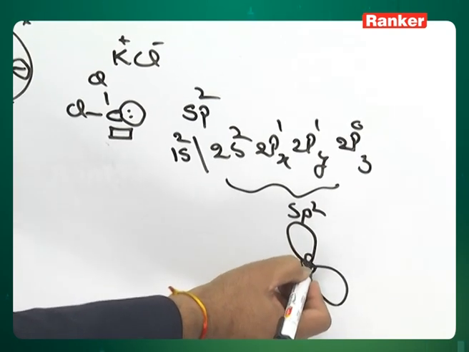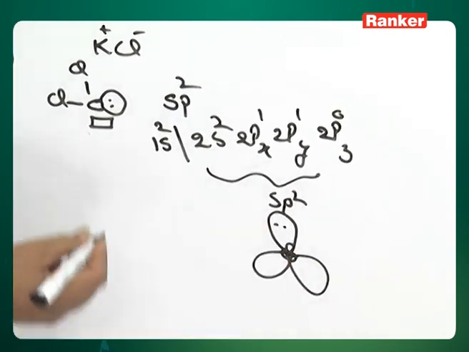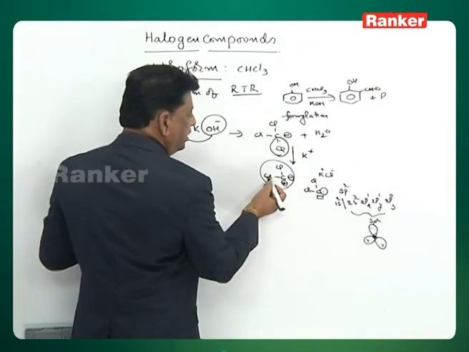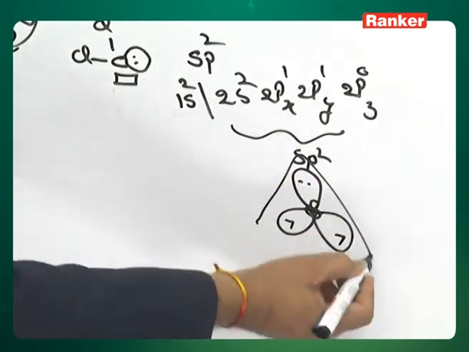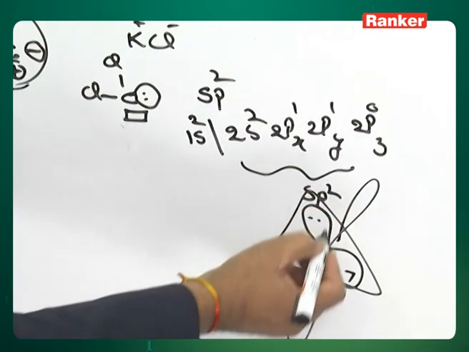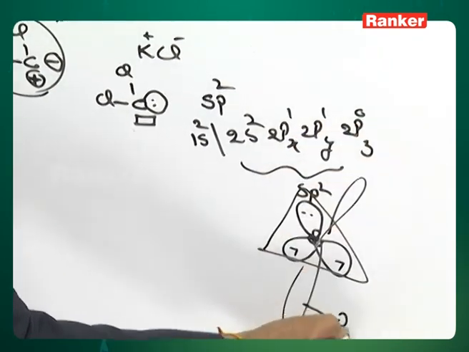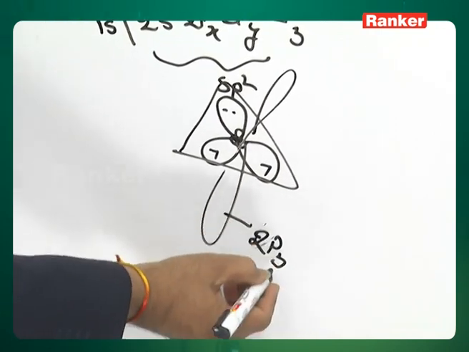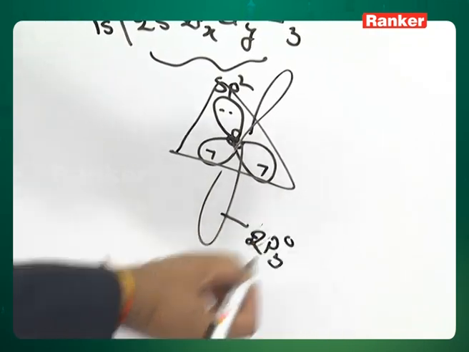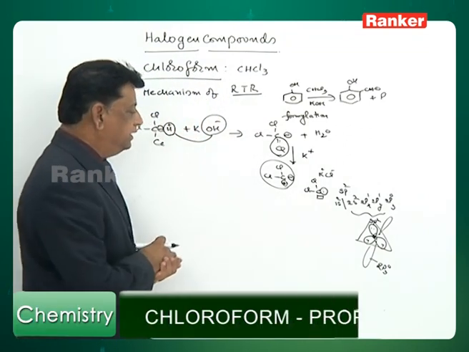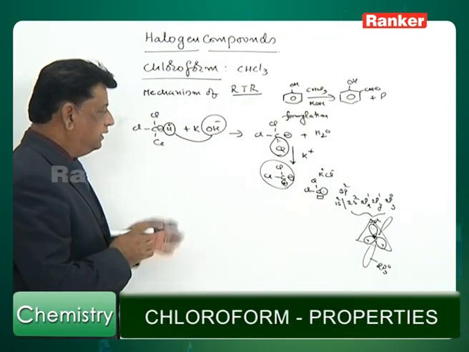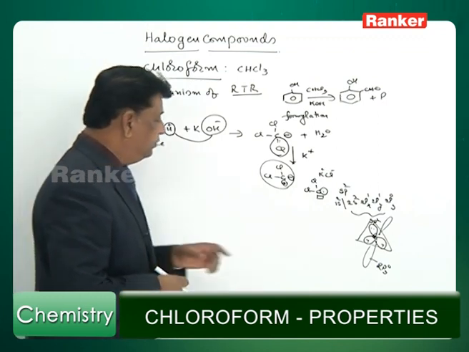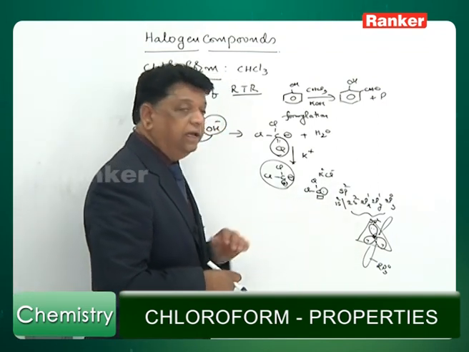Out of that, one will have a lone pair. The other 2 are making the sigma bonds with the chlorines. So this is sp2 hybridized. The 2pz will be there, a vacant orbital with no electrons, working with electron-receiving capability. So therefore it is called an electrophile.